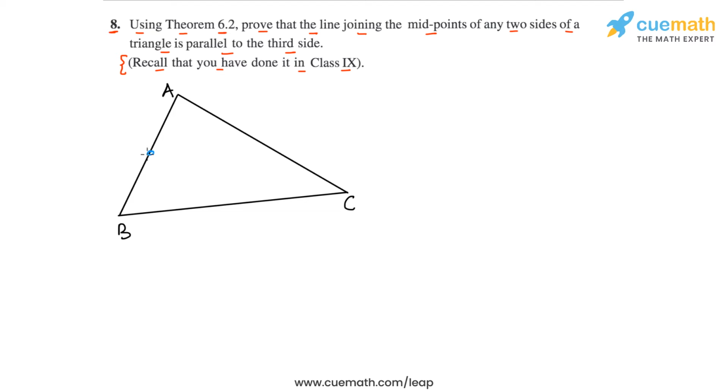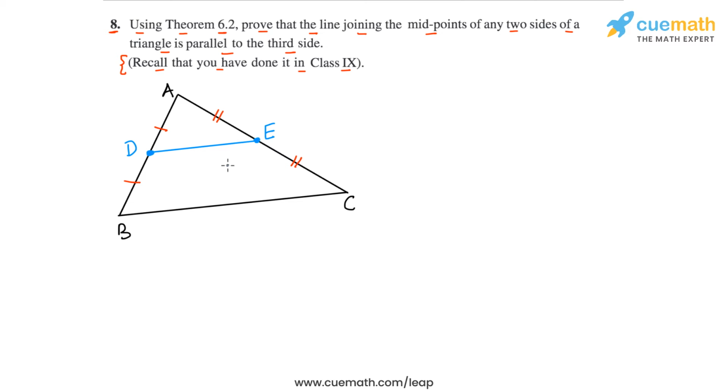So let's say that this point here D is the midpoint of AB and this point here E is the midpoint of AC. Okay, so I'm going to make these markers for this purpose. Now let's join D and E, the two midpoints. So we have to prove that this segment DE is parallel to the third side BC.